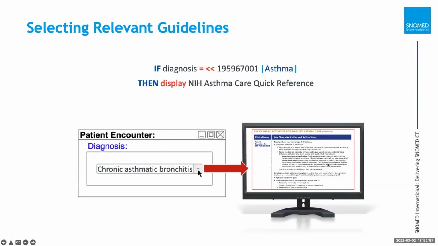This approach enables contextually relevant clinical knowledge to be presented to the user based on specific codes recorded in the patient's health record. So SNOMED CT is not trying to make the clinical decisions. SNOMED CT tries to make the decision-making process easier and support accurate decisions to be made.